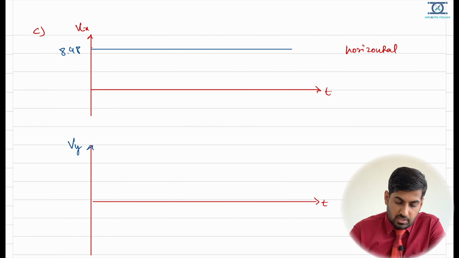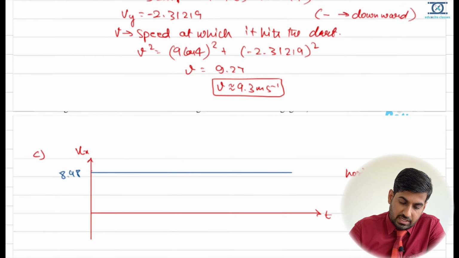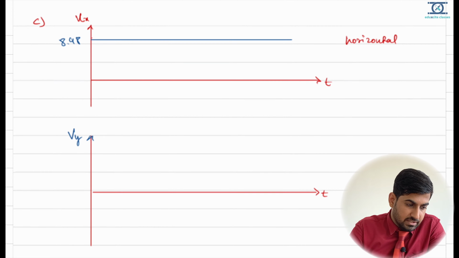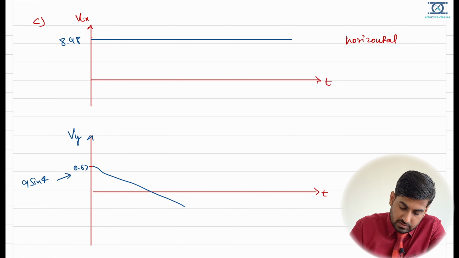So I can start from the initial value, which is 9 sine 4. So 9 sine 4 is 0.63, and it will move like this.